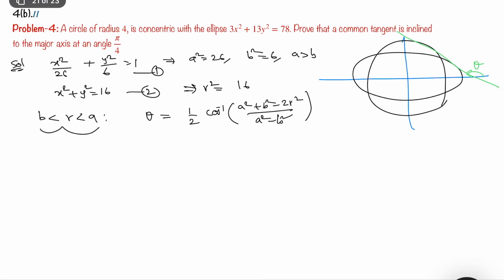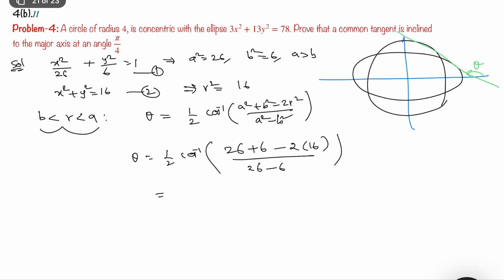So now theta equals half cos inverse of, what is a square? 26 plus b square, that is 6, minus 2 times r square, that is 16, by 26 minus 6. So this is going to be half cos inverse of (32 minus 32, that is 0) by 20, that is half cos inverse of 0.